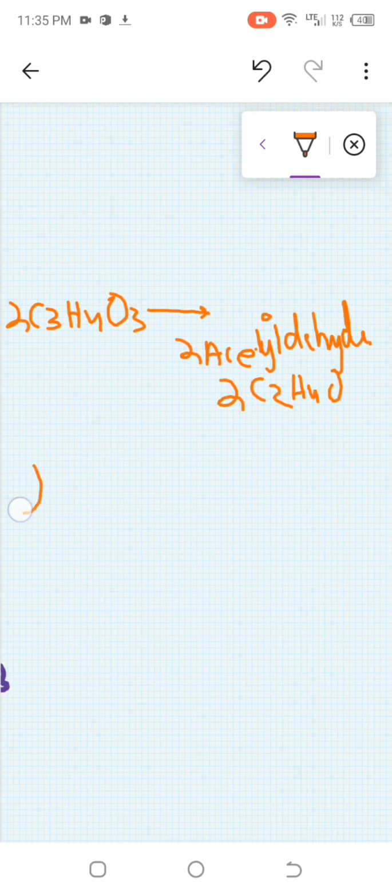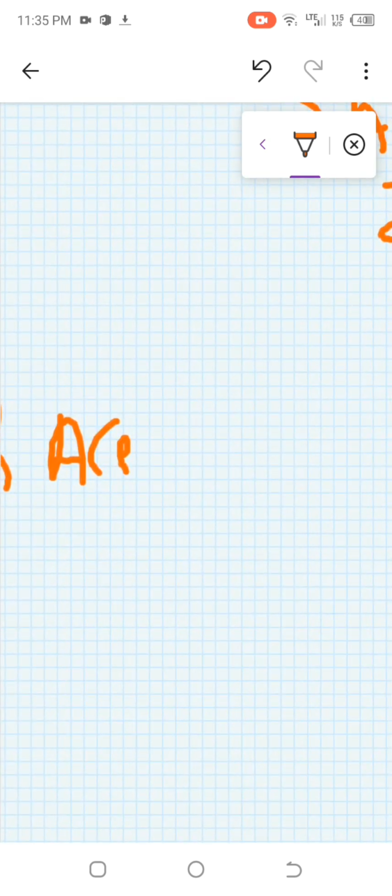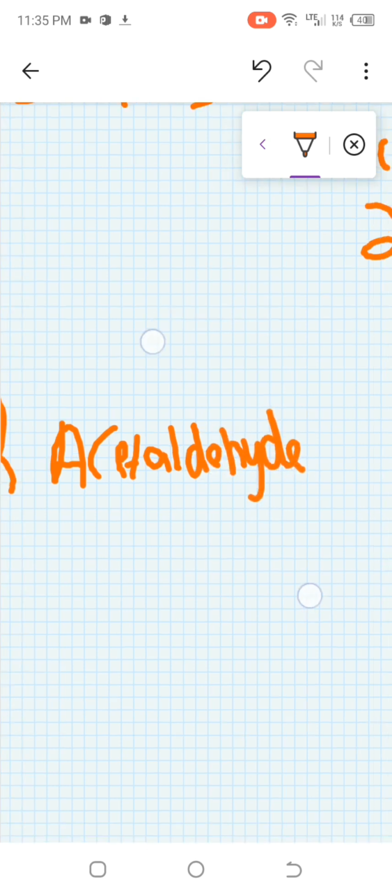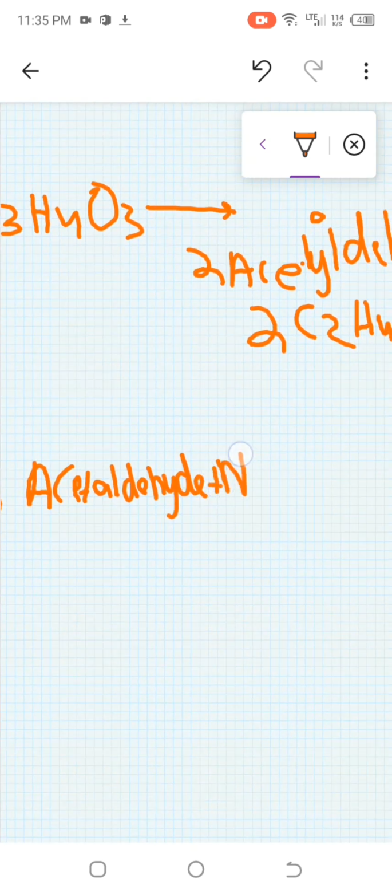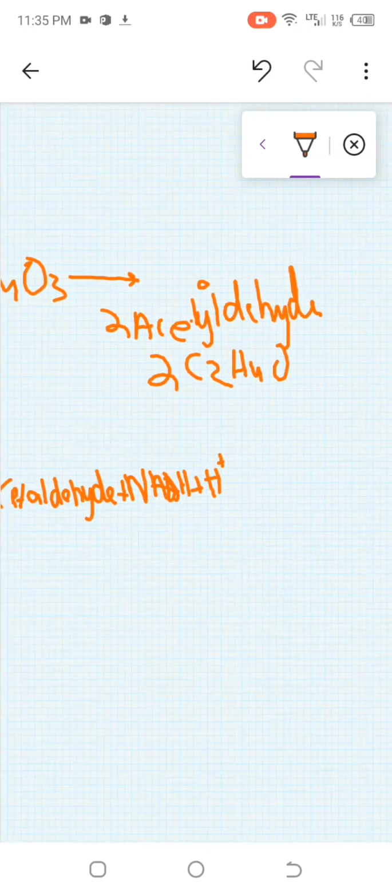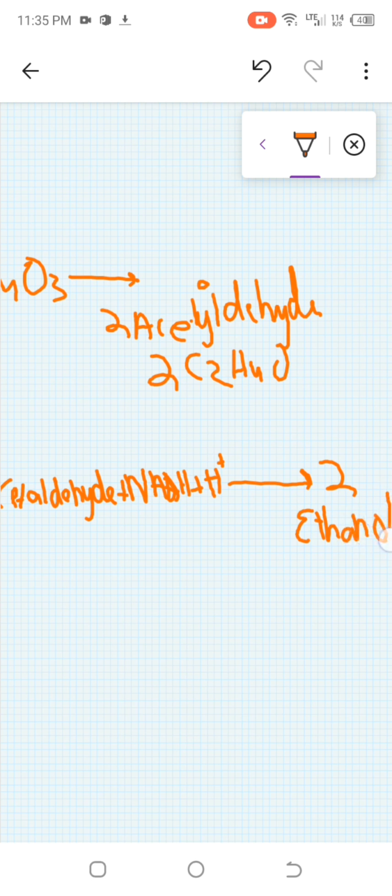Now this 2 acetaldehyde will react with NADH plus H and form 2 ethanol. 2 ethanol is formed and 2 NAD plus is released.